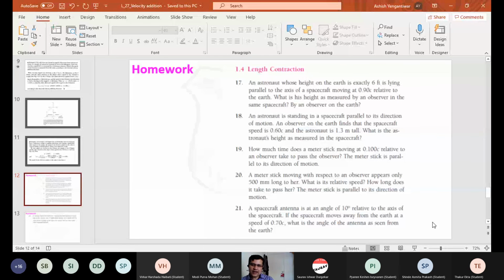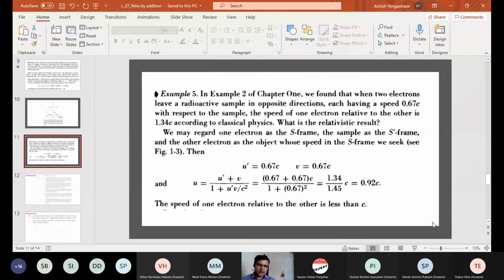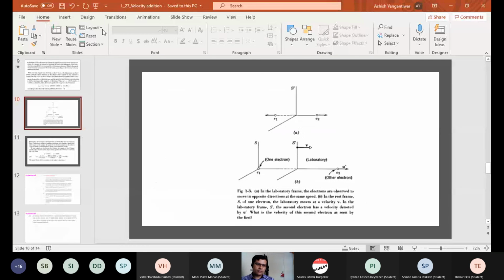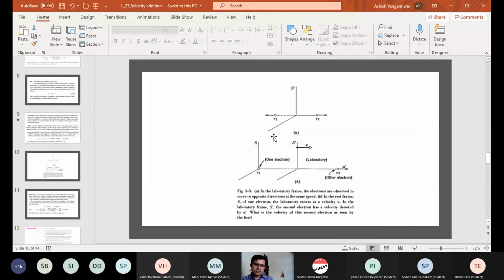So light is light. Your c will be c; putting in the values of c, you ultimately get c. That's not the point. I'm talking about those other moving components which have some other moving directions.